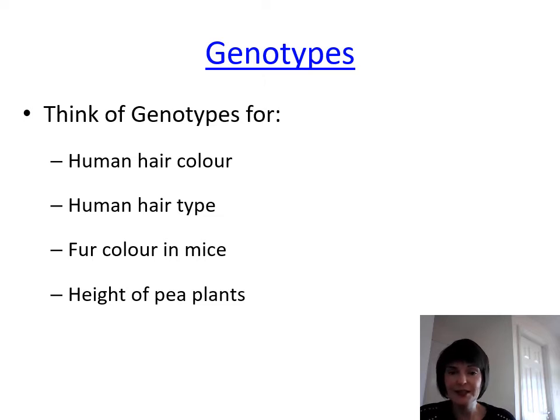That would be a description of a genotype. Because remember, the genotypes were the letters, whereas the phenotypes were how you would describe the physical appearance of an organism. Okay, and again, you can practice looking at human hair type, fur colour in mice, and height in pea plants, but not looking at their phenotypes this time, but looking at their genotypes.